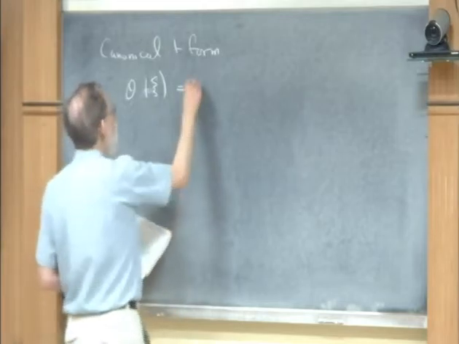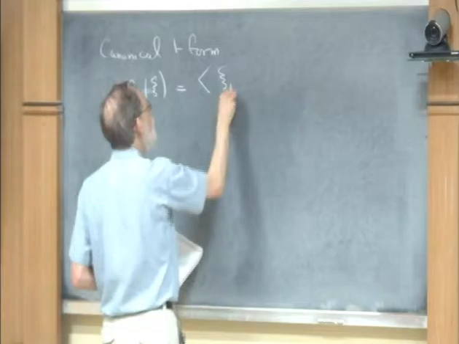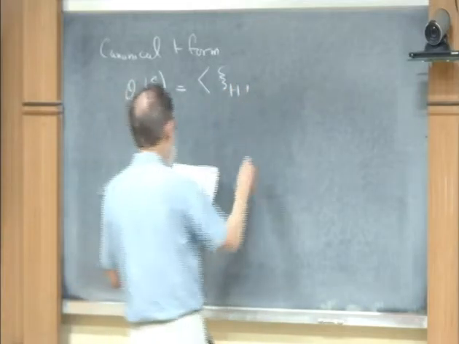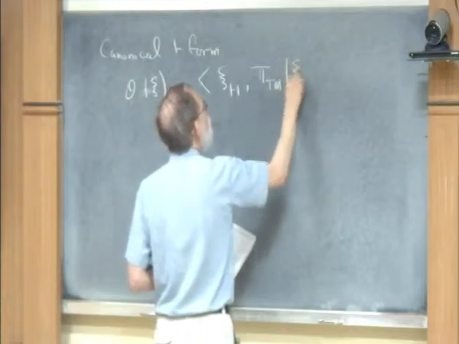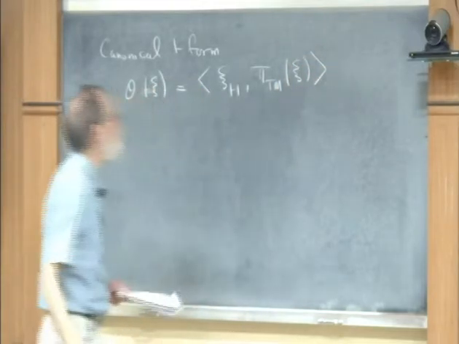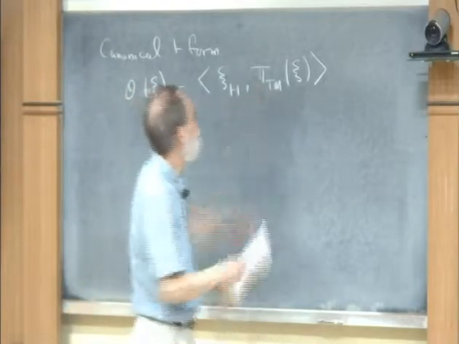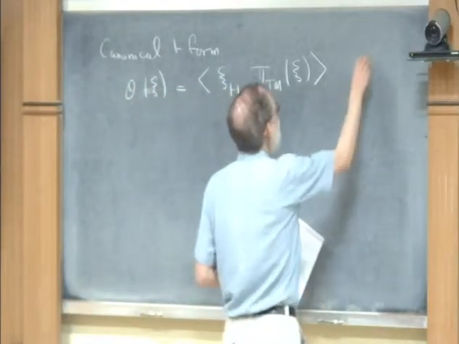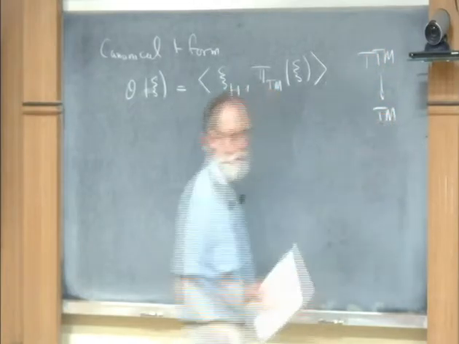What you do is you take the horizontal component of xi, and then you take v, and this is meant to mean the projection from TTM to TM.